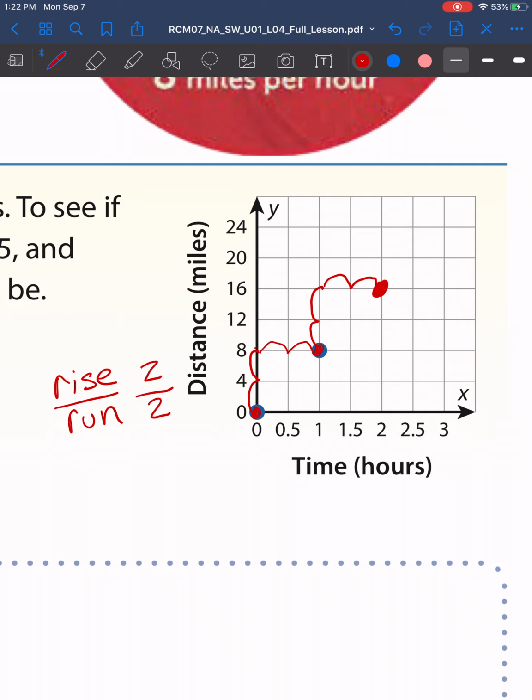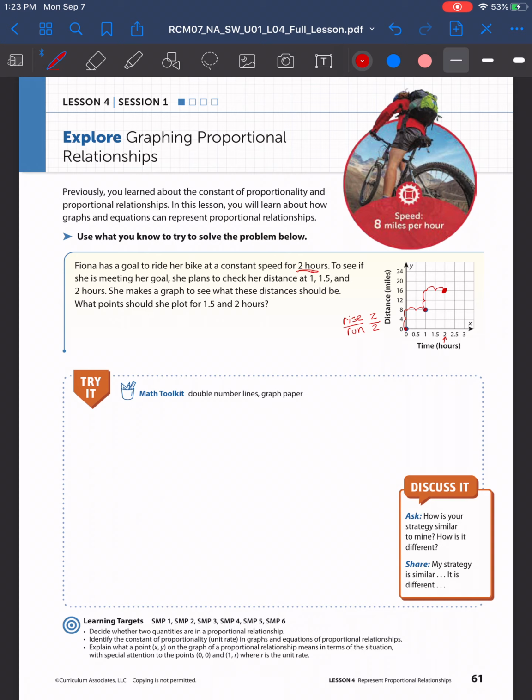Now I know how many miles she'll go in 2 hours. In 1 hour, she will go 8 miles. In 2 hours, she will go 16 miles. What about 1.5? She did want to know how far she'd be in 1.5 hours, right? If we have a unit rate, which we do, 1 hour is 8 miles.